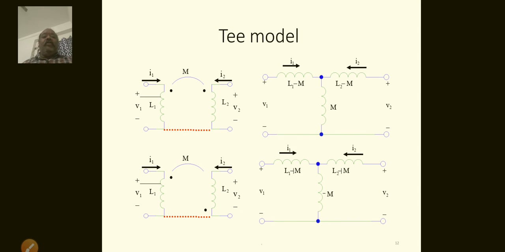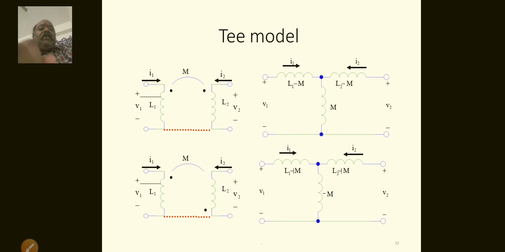If we take a T model, this is the two coils, L1 and L2, and the mutual induction relation between them, M. If we connect this as a T shape, then with respect to the M dot, how it should be related.